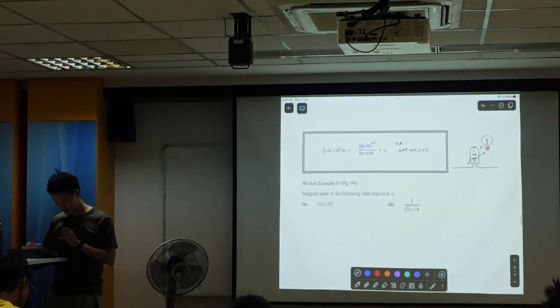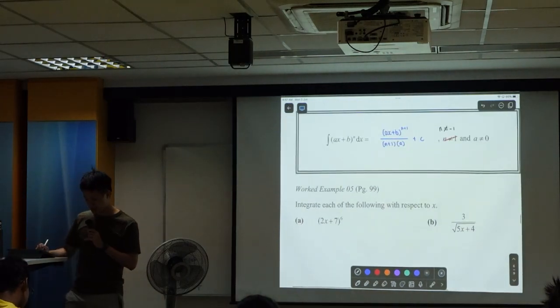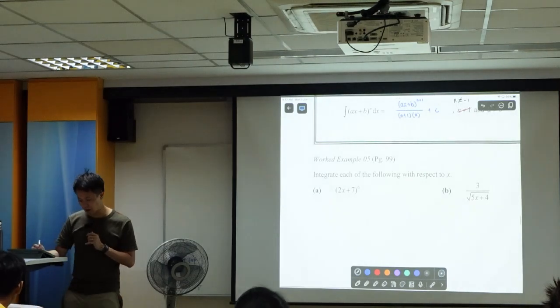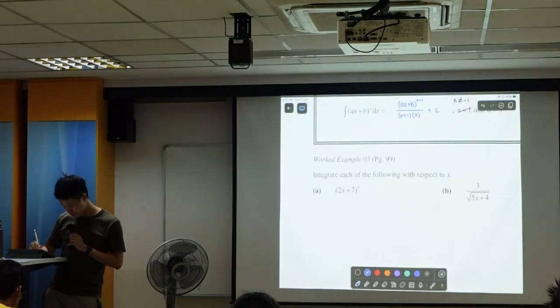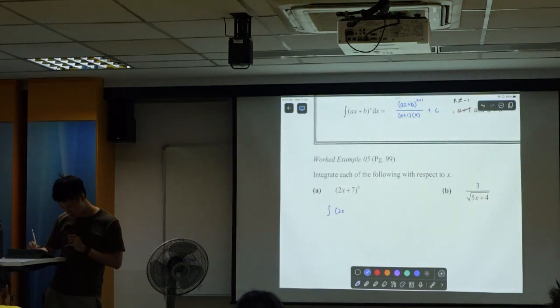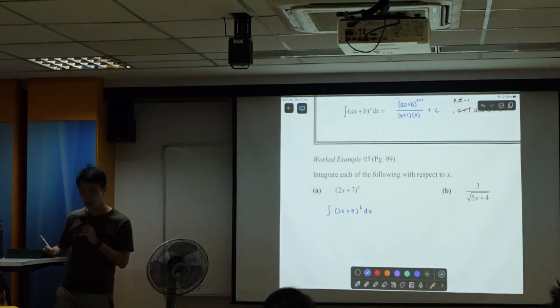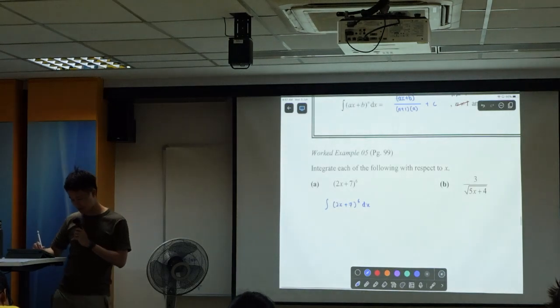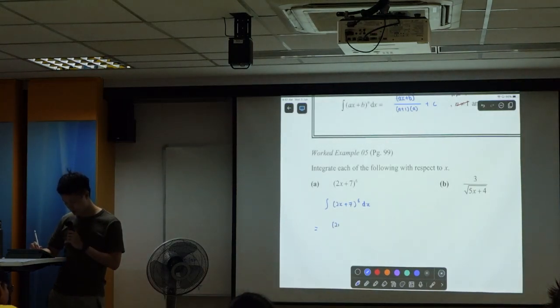So going back here, I'm going to roughly show you how quickly this can be done. If you have a power function and you want to integrate it, you write it like that. To integrate this, simply keep the function, so you have 2x plus 7.